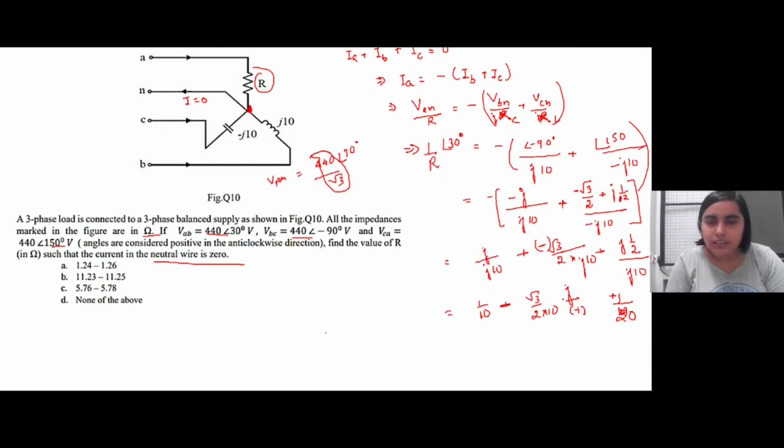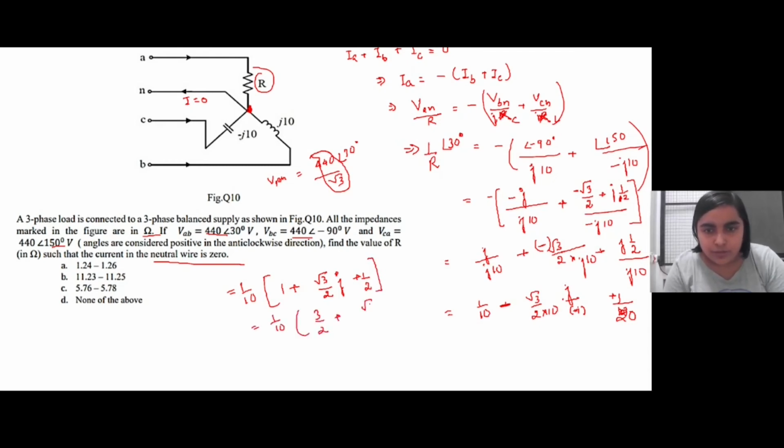So if we take 1 by 10 common, it is 1 plus, this minus 1 and this minus will become plus, so it is root 3 by 2 into j plus half, right? So it is 1 by 10, 3 by 2 plus root 3 by 2 times j. Now if we take root 3 common, it is root 3 by 10 into root 3 by 2 plus half of j.